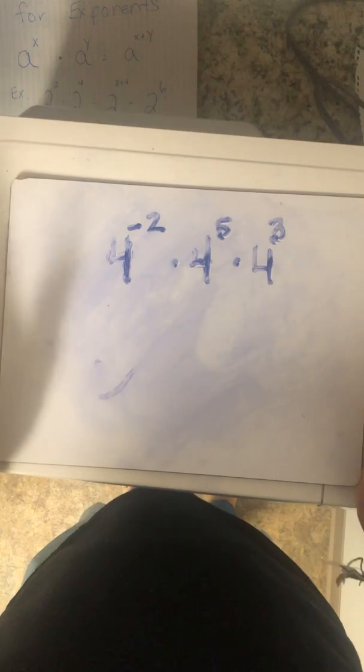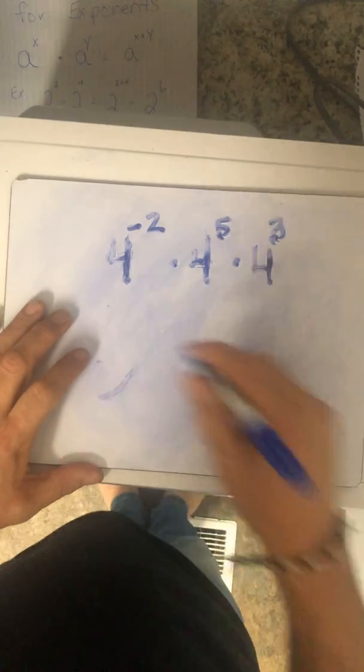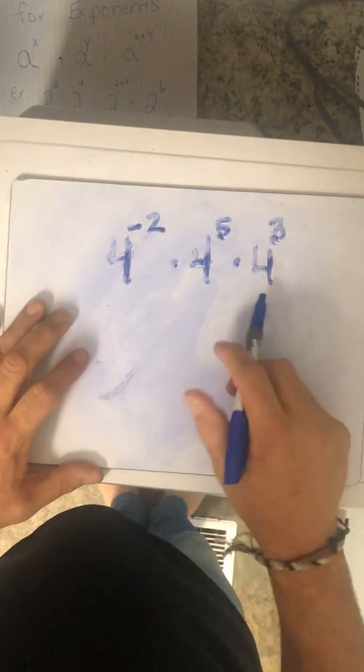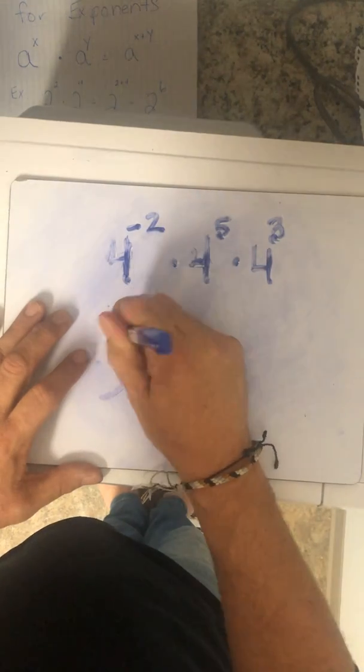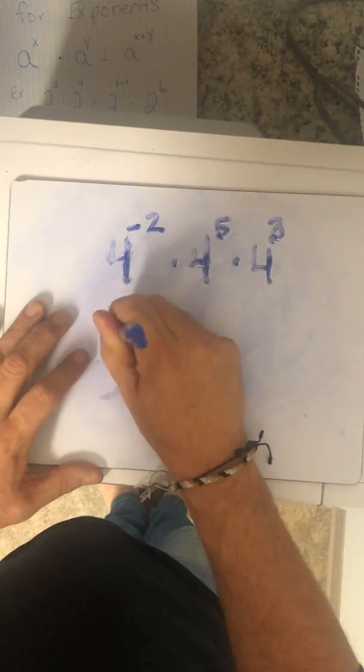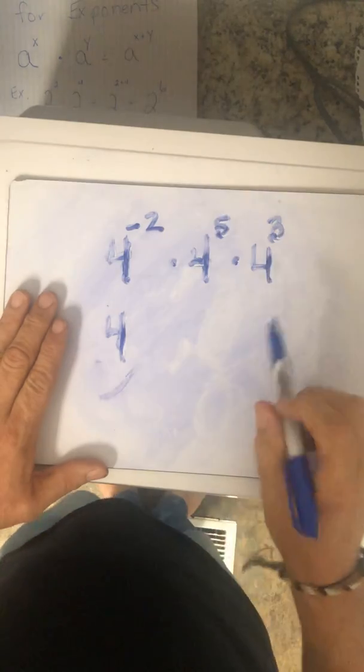Now, if you want to pause the video and try this before me and come back and see if you got it right. Okay, step 1 says check and make sure that the base is the same. So our base is 4, 4, and 4. So that's 4. Then it says to add our exponents.